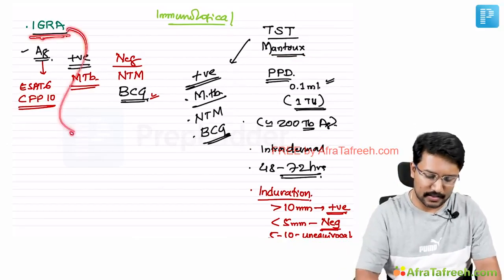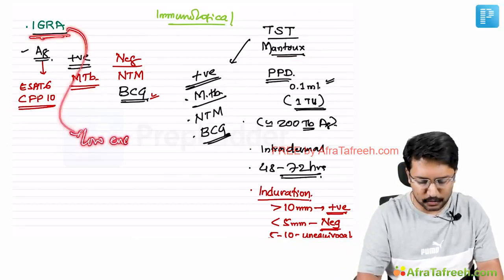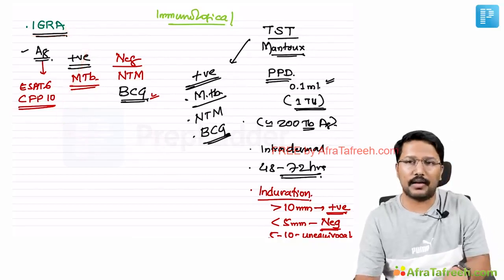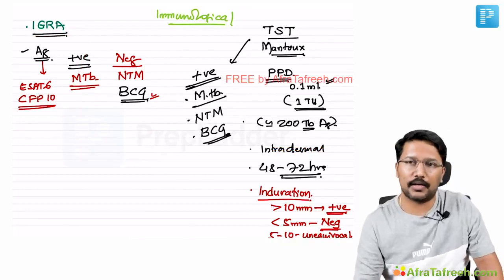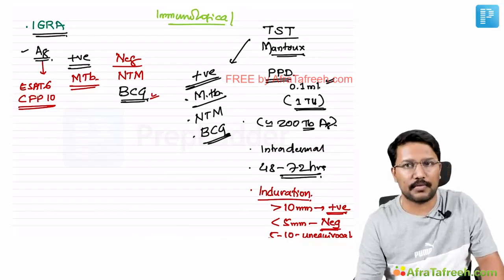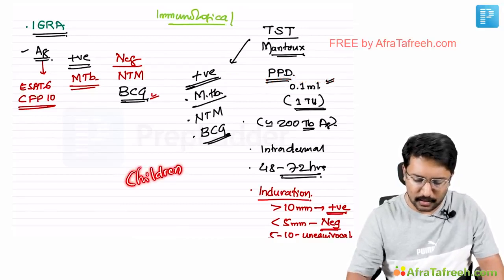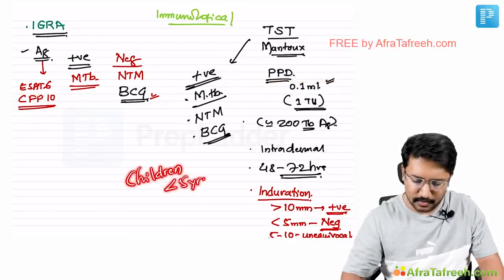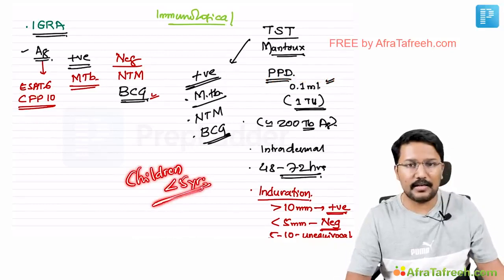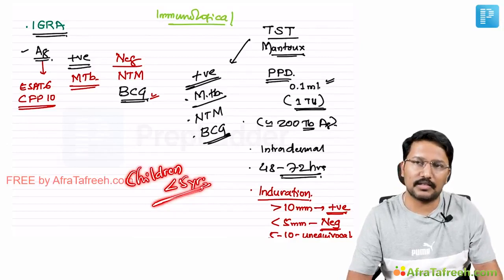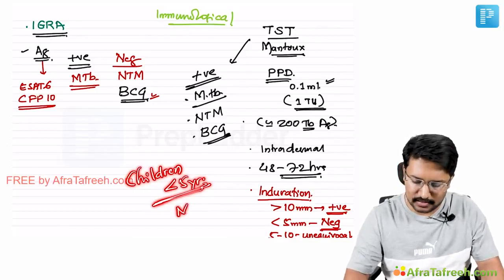IGRA has been validated in low endemic nations. So in the Western world, they can follow IGRA, but for India, Mantoux is the preferred test for diagnosis of latent tuberculosis infection. Similarly, also keep in mind when we talk about children under 5 years of age, because IGRA has not been studied and validated, it is not the preferred test. So if you have to diagnose latent tuberculosis infection in children under 5 years of age, again it is the Mantoux test.